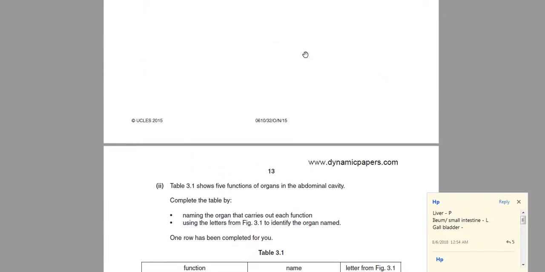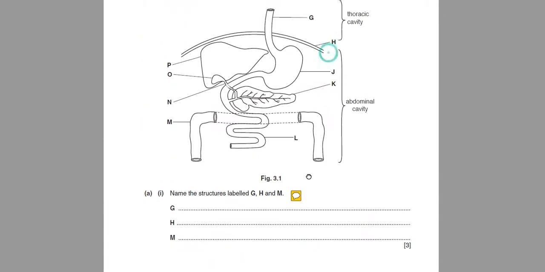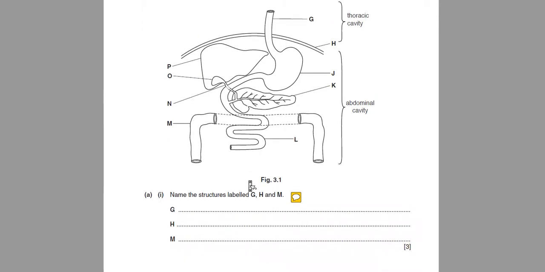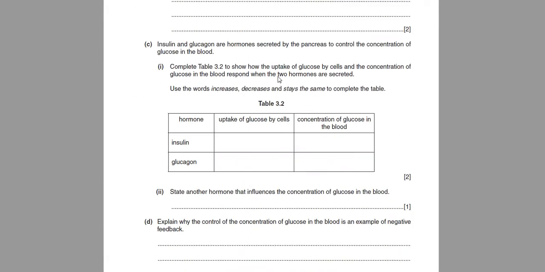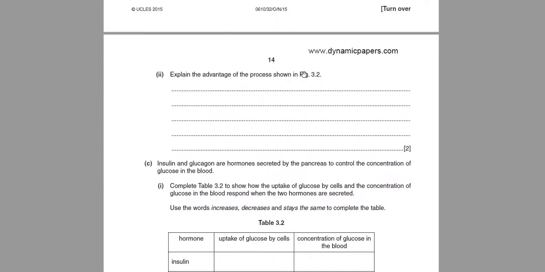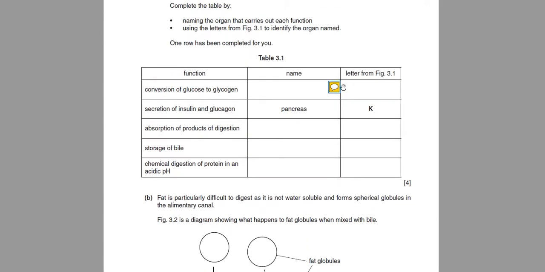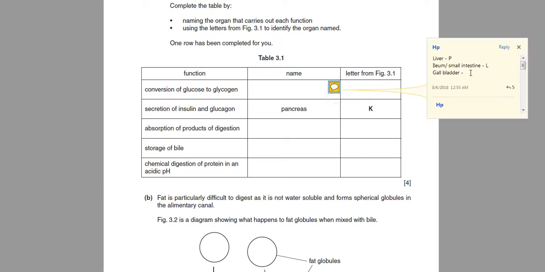Let's see where the gallbladder is. Okay, the gallbladder is here, which is represented by O. So this is what I am going to mention here. The gallbladder is actually O.